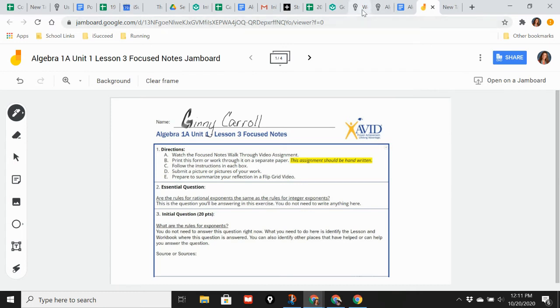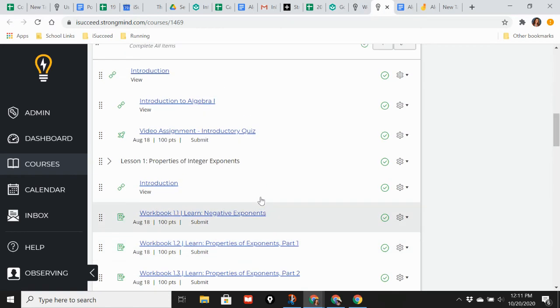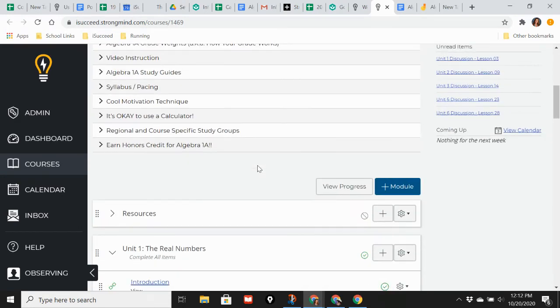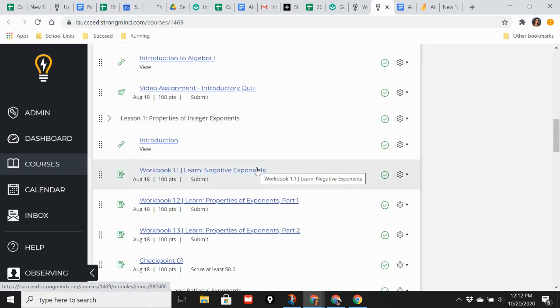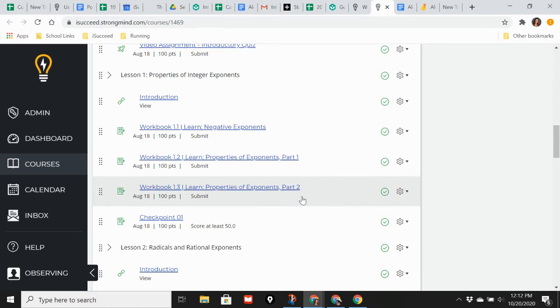Okay, so I'm going to pop into the course. And let's see, I'm going to actually go right to the home page. Okay, recognize this. I'm on the home page. I'm going to scroll down, and I can see that in lesson 1, I've got properties of exponents, part 1, and properties of exponents, part 2.